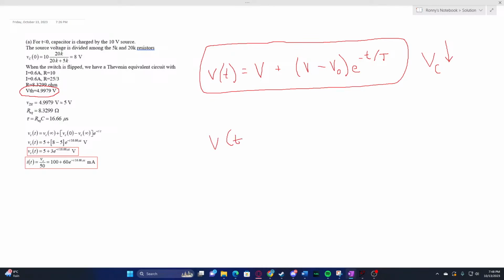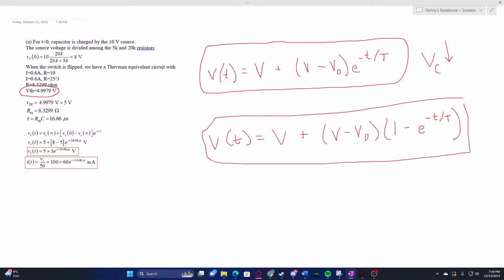That's V of t equals V plus, everything is very similar, except you have 1 minus e to the negative t divided by t. Like that. This one is for the voltage over a capacitor going up.